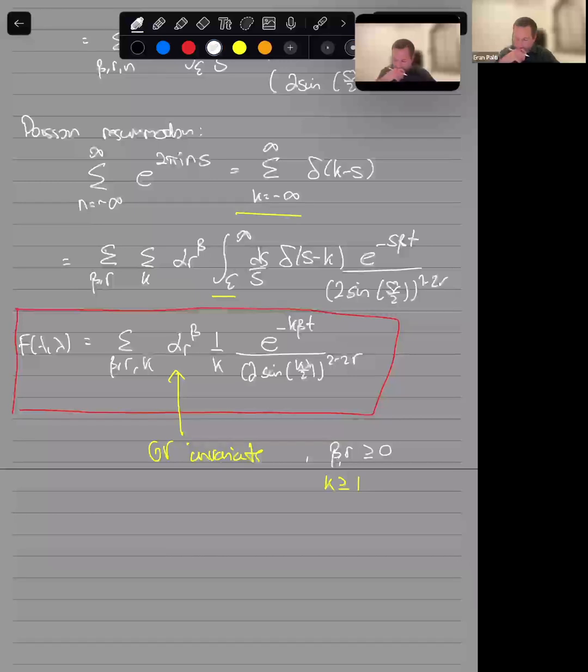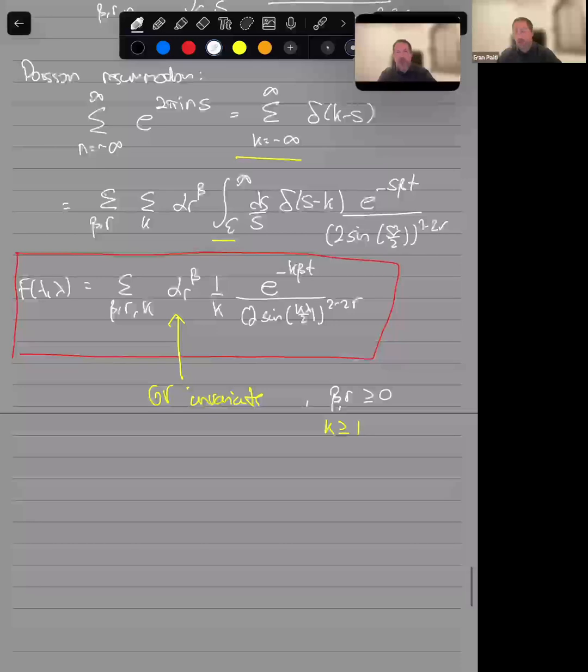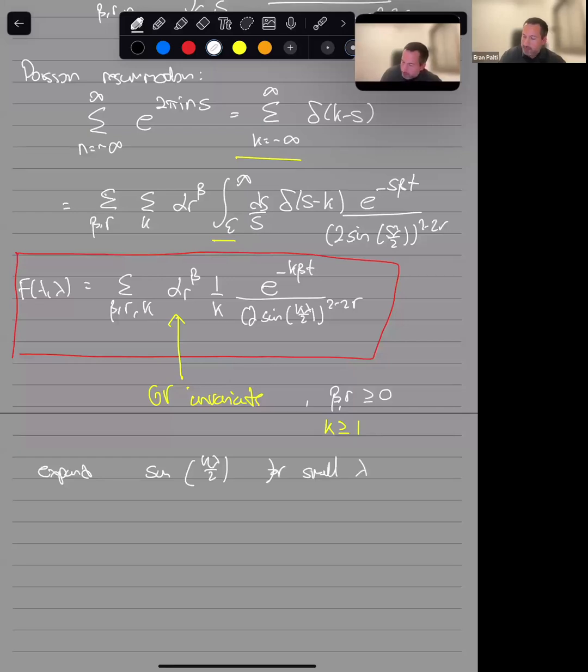Okay. So that's the Gopakumar-Vafa expression for the free energy. Now, one can see already there are some issues with this expression. One of the issues is that this is an expression where we can expand the sine k lambda over 2 for small lambda.